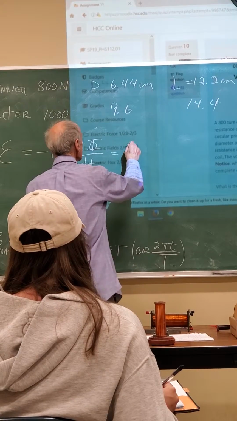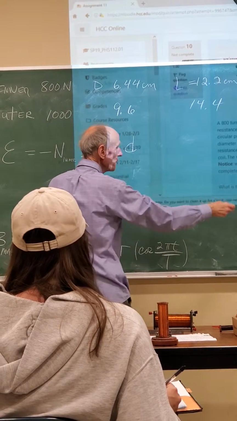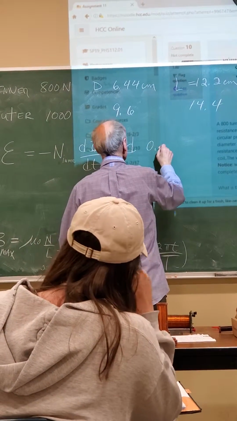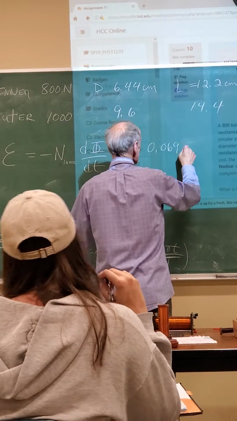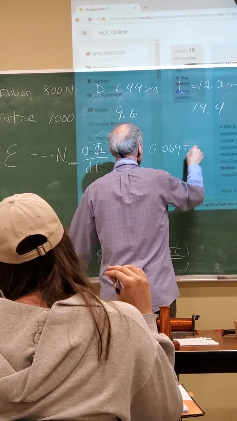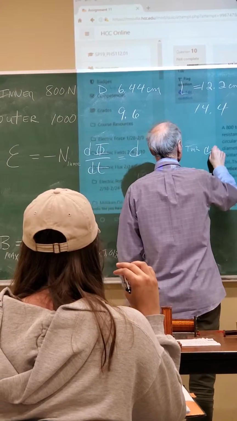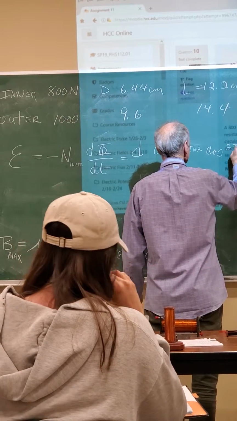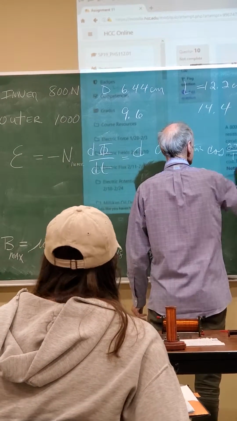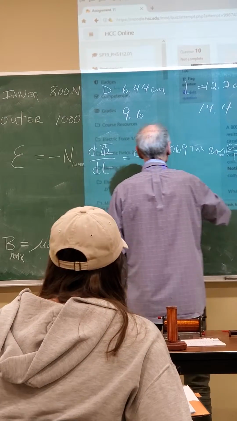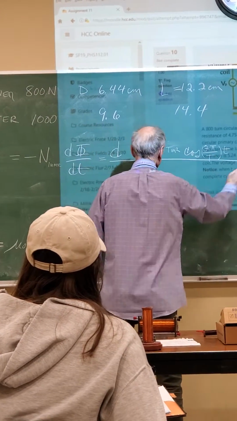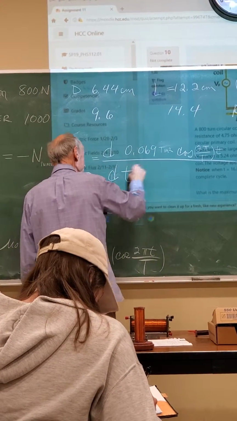You take the derivative of whatever that is, 0.0 something Tesla meters squared, cosine 2 pi t, by dt.